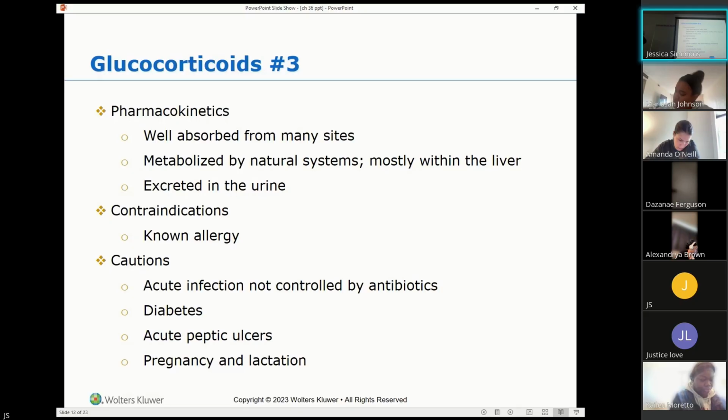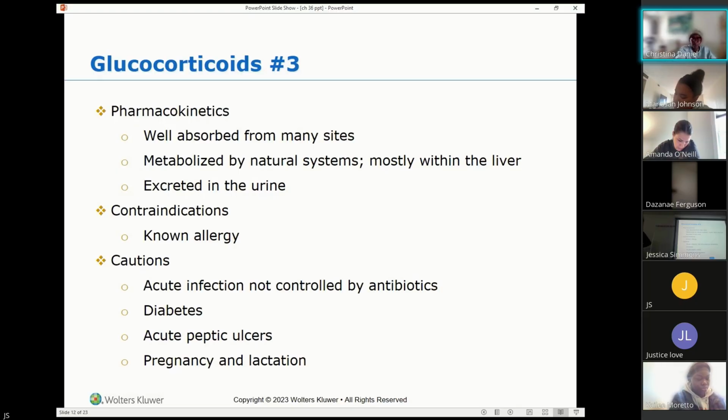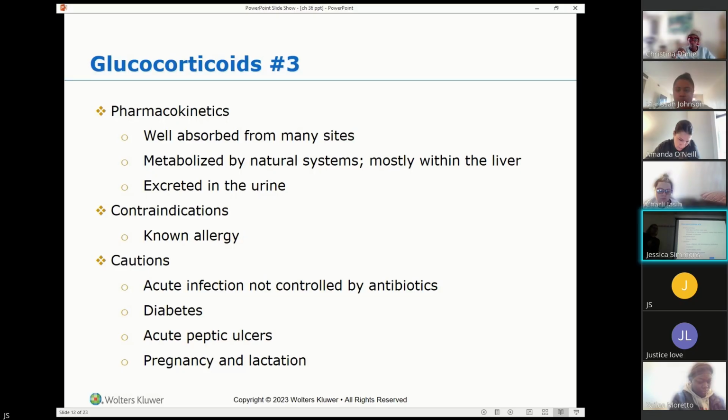So why acute infection? It won't heal. That's more for the diabetics, but well, yeah, it could be for both. So you're suppressing the immune response.